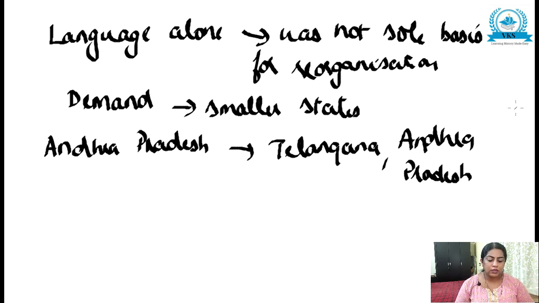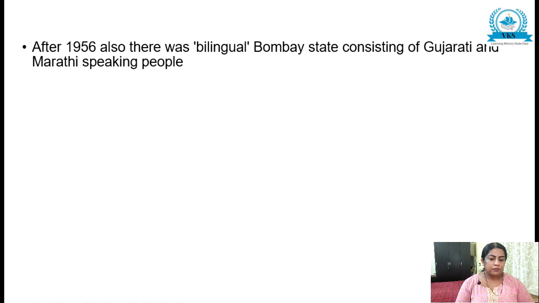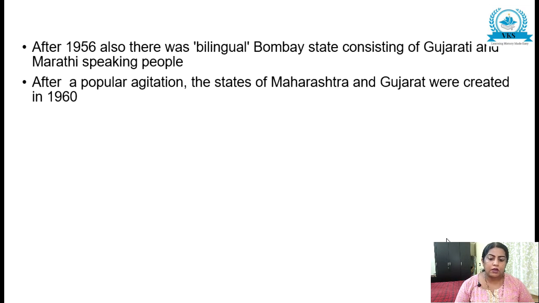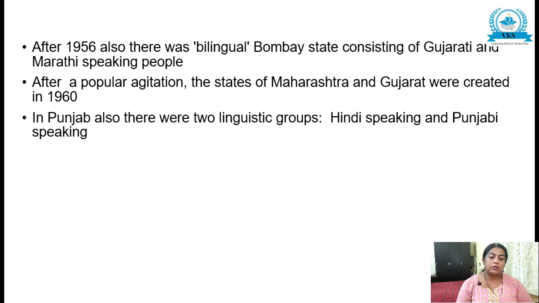So all these were the points regarding state reorganization. Let us see the points which we have studied till now. Bombay state was bilingual, consisting of Gujarati and Marathi speaking people. After a popular agitation, the states of Maharashtra and Gujarat were created in 1960. In Punjab also there were two linguistic groups, Hindi speaking and Punjabi speaking.